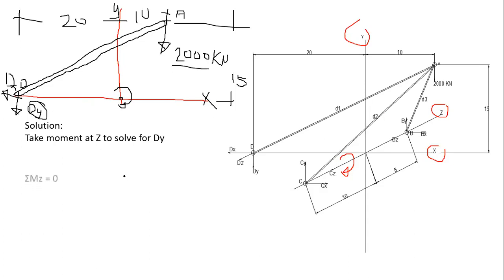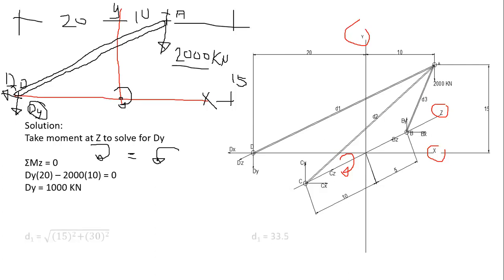So with your moment at z, you have Dy times 20 minus 2,000 times 10, or all forces in this direction is equal to forces in the opposite direction. It's the same, okay? So in other words, you compute Dy is equal to 1,000 kilonewton. So what's next? After Dy, we need to compute D1. What is this D1? Ito na yung distance na tinatawag ko D1.